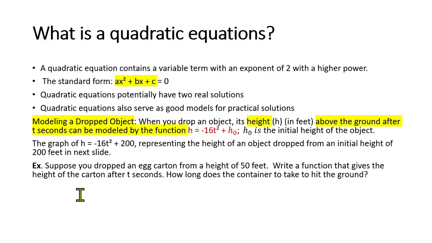And what is a quadratic equation? We already looked at that. The quadratic equation standard form is ax squared plus bx plus c equals 0. A could be positive or negative, but should not be 0. And usually a quadratic equation potentially has two real solutions depending on the situation.